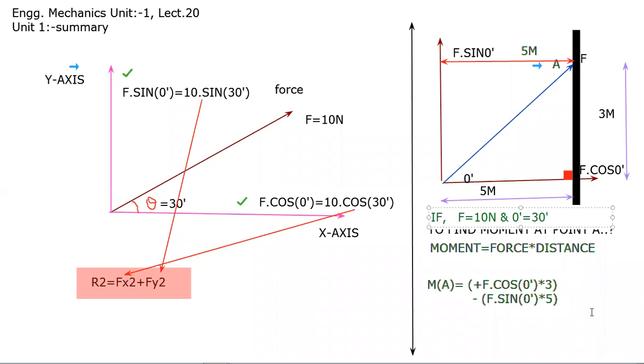You are able to get these two forces, F cos theta and F sin theta. Put these values in this equation and you can get the moment by the force F at point A.